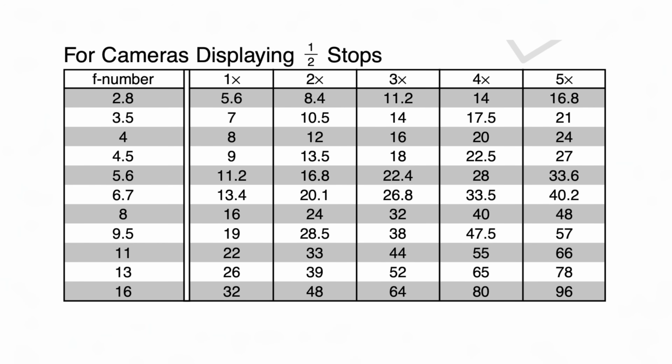This table I got from the instruction manual for the Canon MPE65. So look at these numbers here. At 2 times magnification, when the lens is set to f8, we actually have f24 in effective aperture. And at 5 times magnification at f8, we actually have f48.